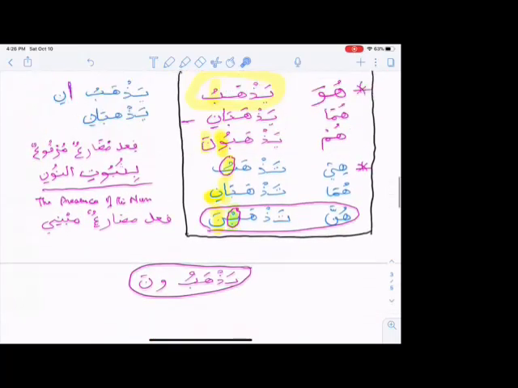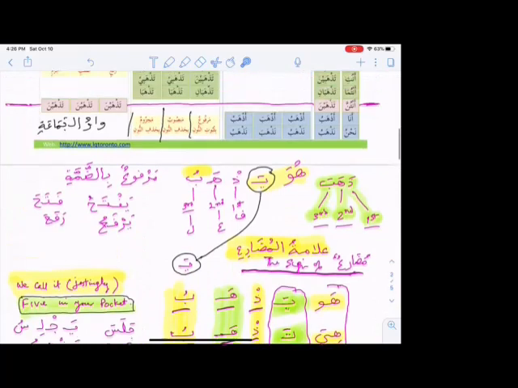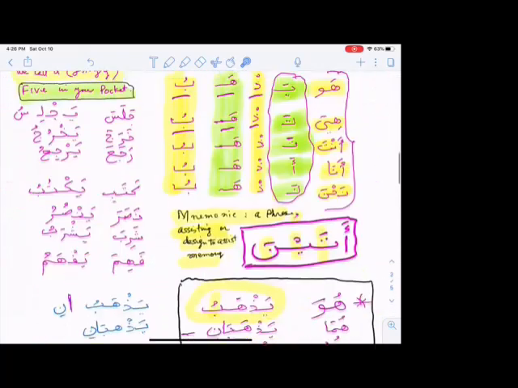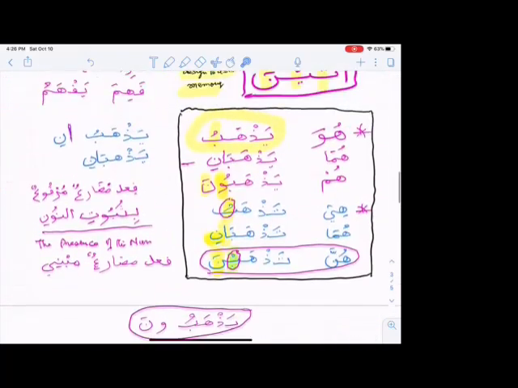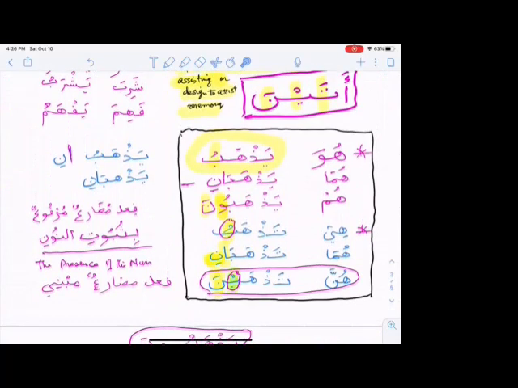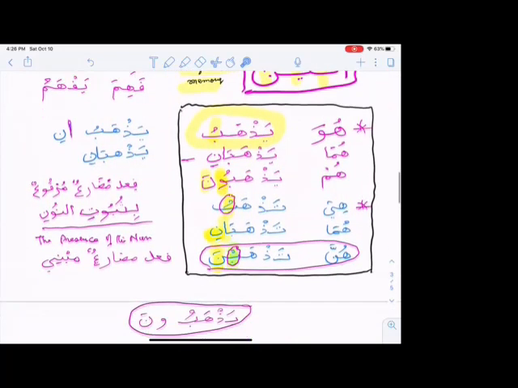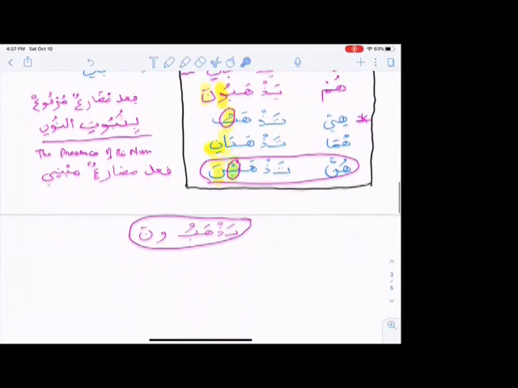Now, if you are to make another verb, we can do the same thing. Okay. Let us see here. I will write down here. Jalasa. What will you say? Yajlisu.